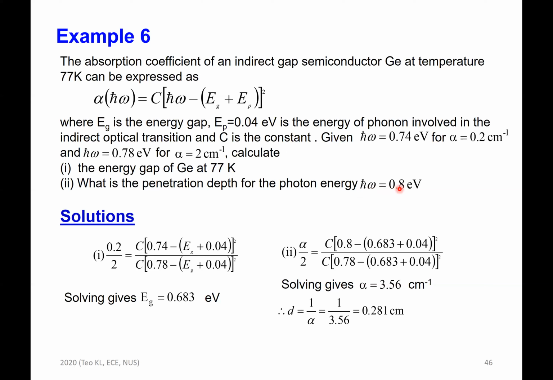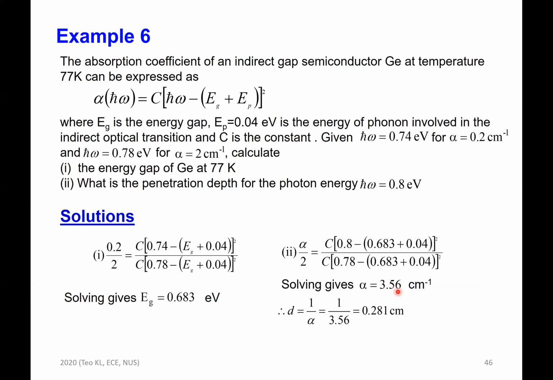And now the penetration depth for ħω of 0.8. You need to find the absorption coefficient for this ħω, since the absorption coefficient depends on photon energy. Again, you can take the ratio, but now since you know the photon energy and the band gap, it's easy to find the absorption coefficient at photon energy of 0.8.